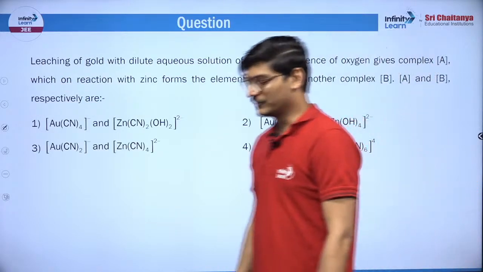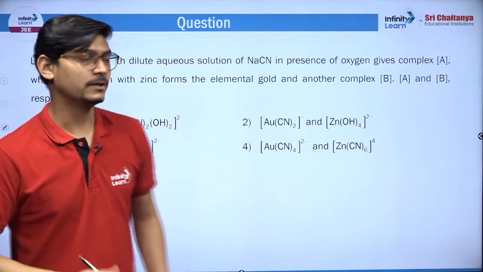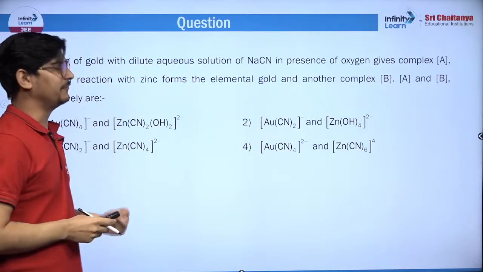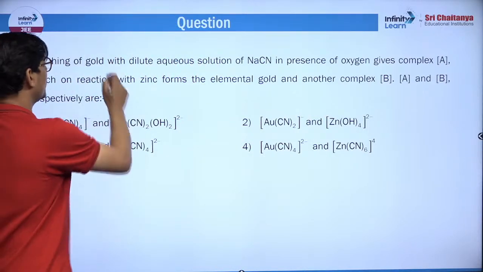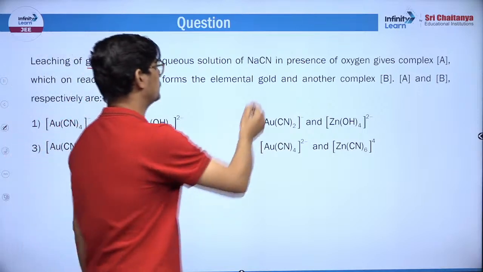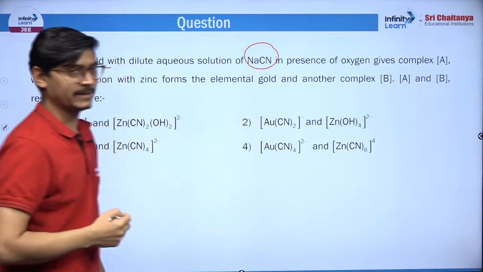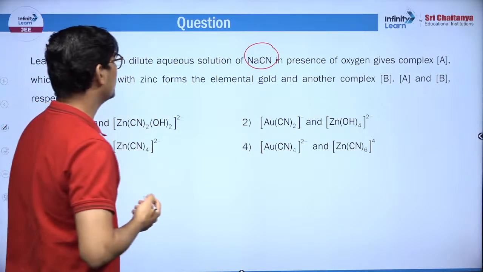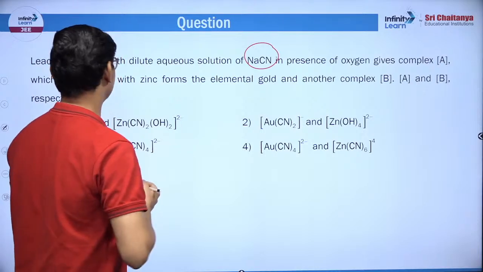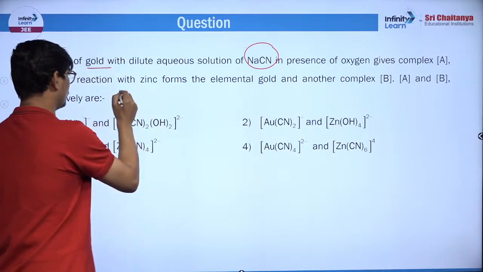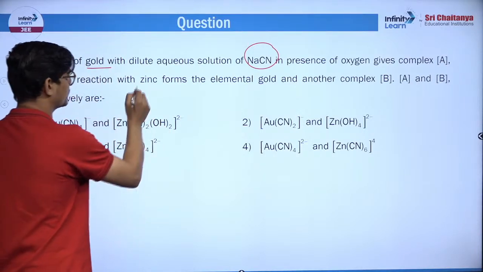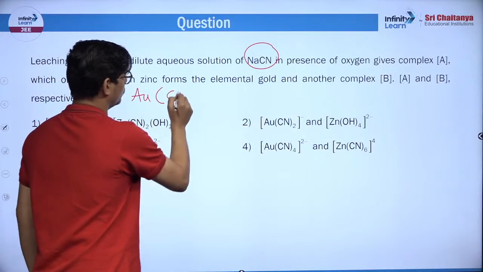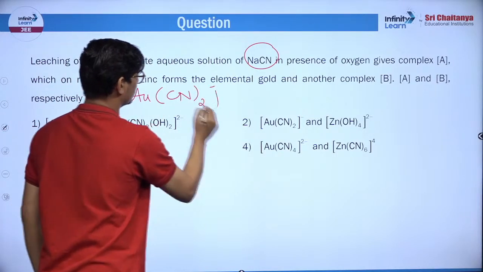Then leaching of gold, again from this topic, from this subtopic there have been many questions over the years. When we do leaching of gold using sodium cyanide, which is a complexing agent, a very strong ligand, in presence of oxygen which acts as oxidizing agent, then you should know guys that gold forms Au(CN)2 minus.